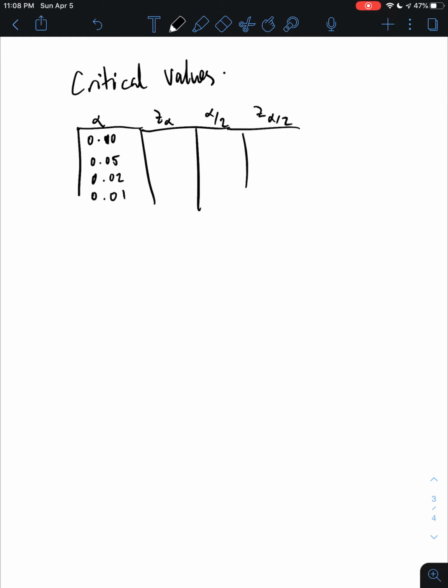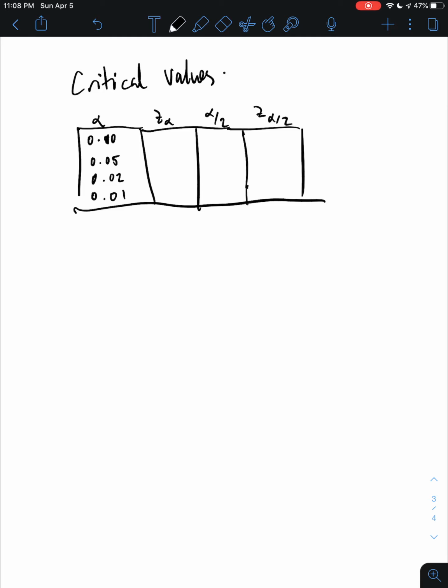The t tables look very much like the z table you remember. We had alpha is 10%, 5%, 2%, 1%. We had z sub alpha, and we had alpha over 2 and z sub alpha over 2. I'm not going to write out this full table, but we've used it many times.